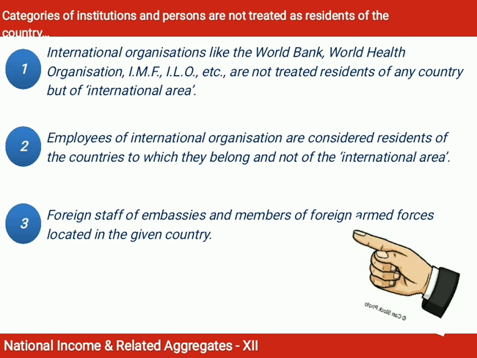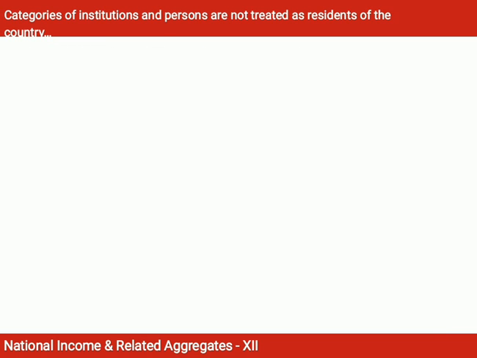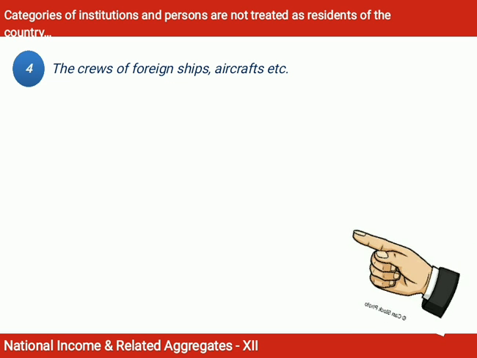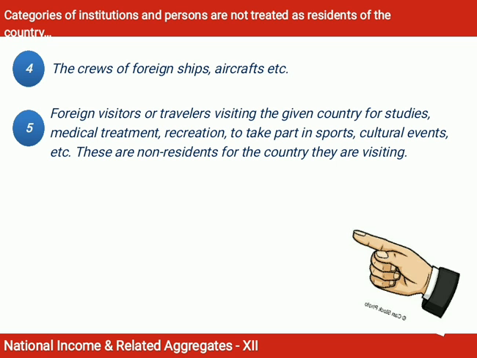And third point is foreign staff of embassies and members of foreign armed forces located in the given country. These categories of institutions and persons are not included as residents of a country. In this category, we also include the crew of foreign ships, aircraft, etc., and foreign visitors or travelers visiting the country for studies, medical treatment, recreation, to take part in sports, cultural events, etc. These are non-residents of the country they are visiting.